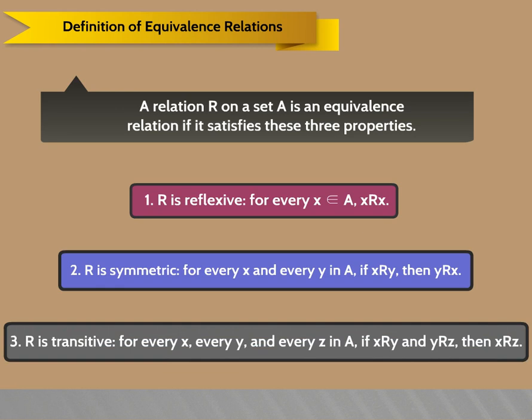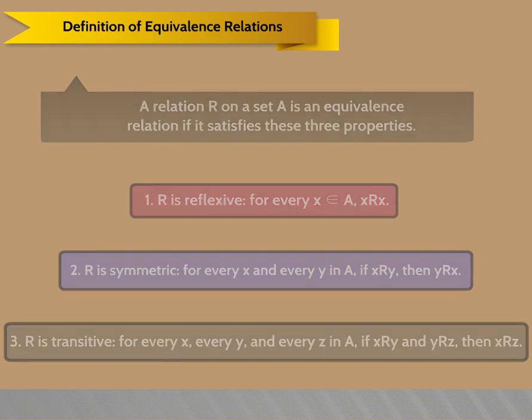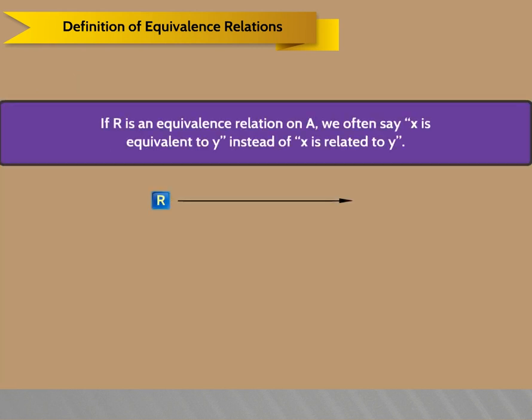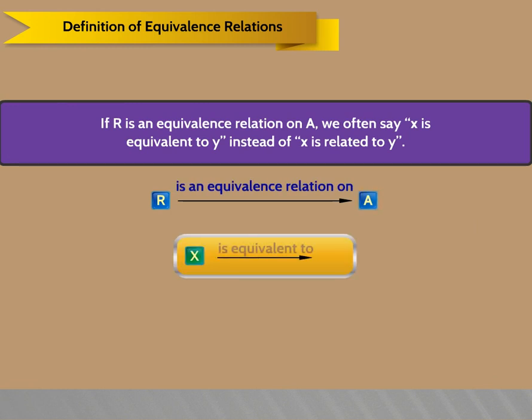R is transitive: for every x, every y and every z in A, if xRy and yRz, then xRz. If R is an equivalence relation on A, we often say x is equivalent to y instead of x is related to y.